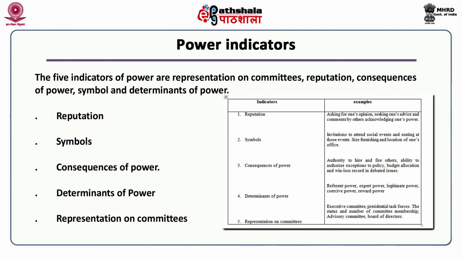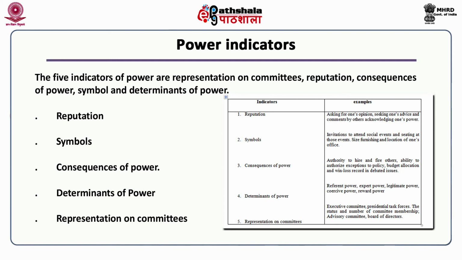Indicator, that is, consequences of power: examples are authority to hire and fire others, ability to authorize exceptions to policy, budget allocation and win-lose record in debated issues.